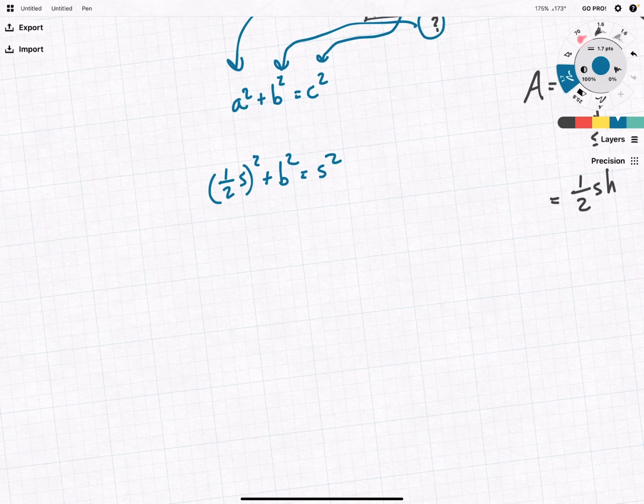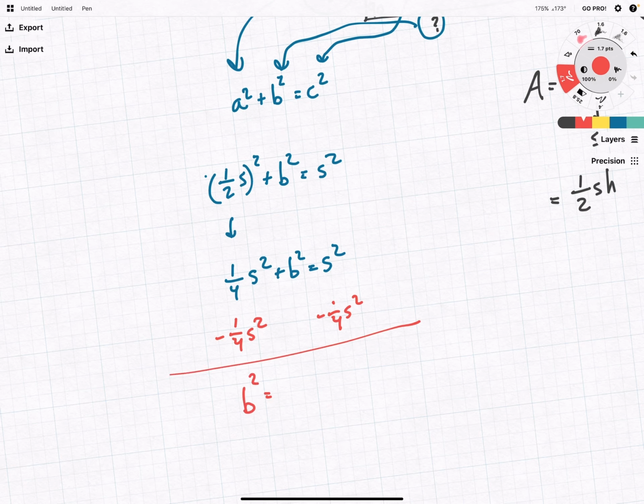Now we'll do a little bit of algebra here. We've got 1/4 s squared plus b squared equals s squared. Now I'm going to subtract 1/4 s squared from both sides. So now we have b squared equals s squared minus 1/4 s squared.